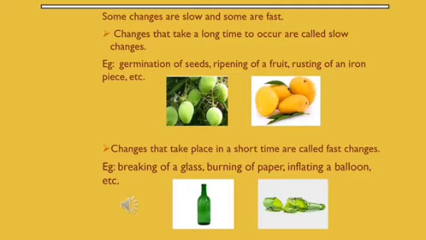But since it takes a long time to occur, we call them slow changes. So what are slow changes? Changes that take a long time to occur are called slow changes. Example: germination of seeds, ripening of a fruit, rusting of iron, etc.